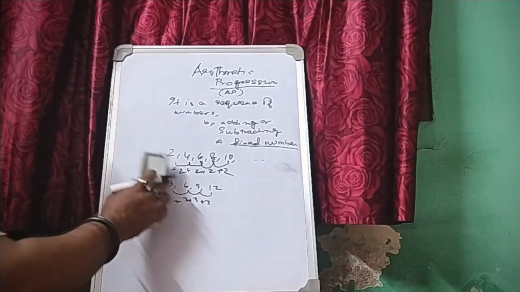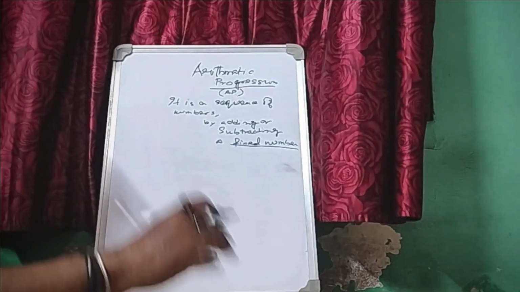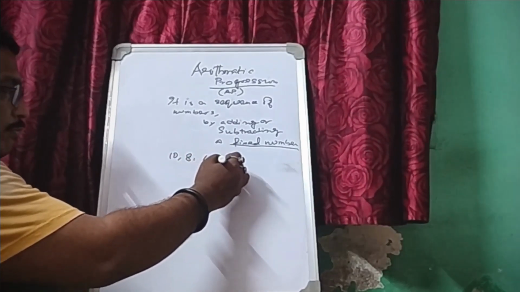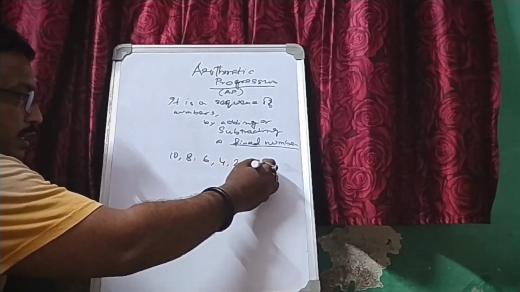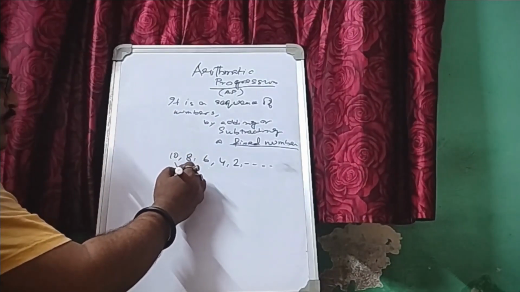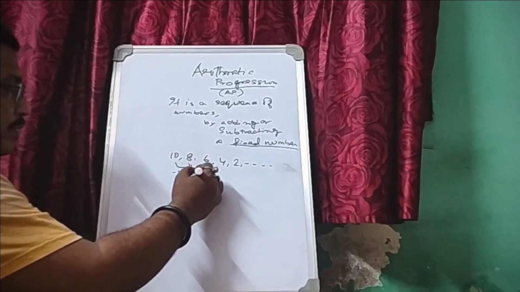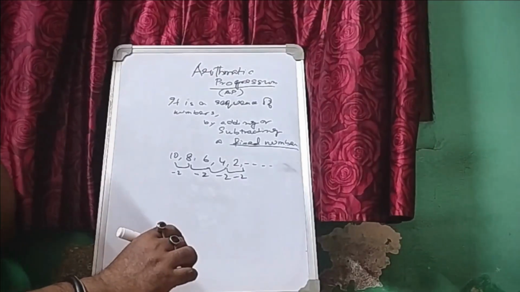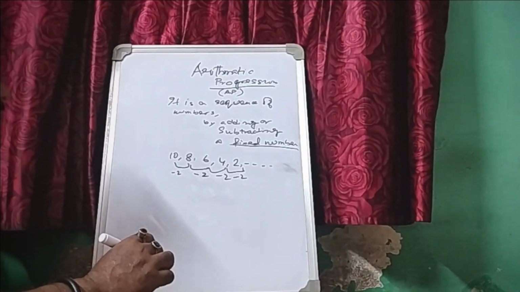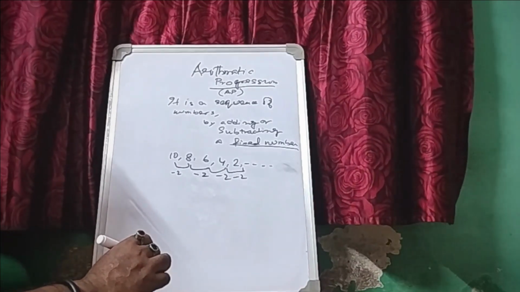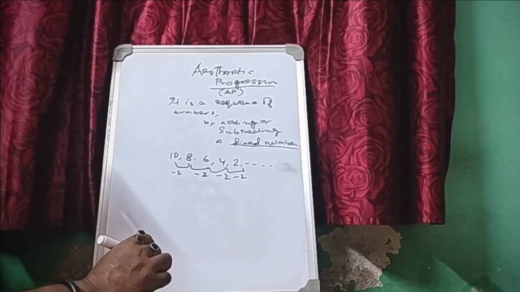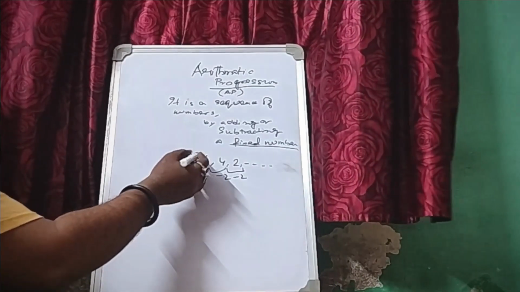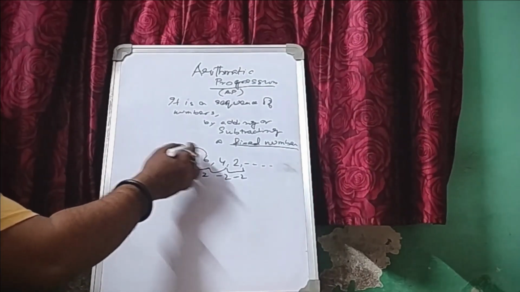Or 10, 8, 6, 4, 2, subtracting a fixed number. So it is clear that AP is nothing but a sequence of numbers which we can obtain by adding or subtracting a fixed number from its preceding numbers.